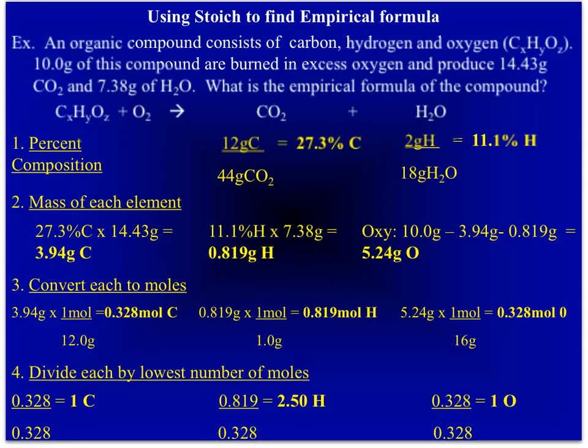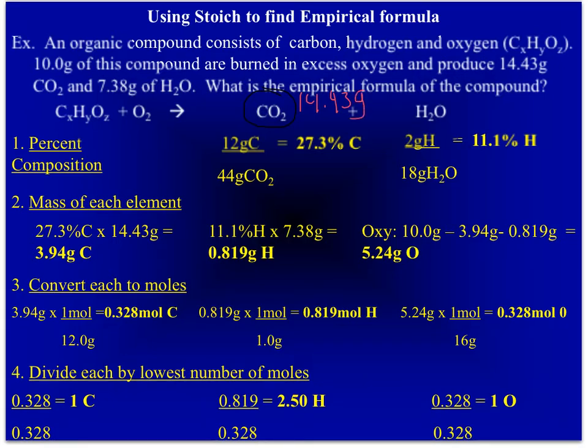Here's a little trick. We're going to do grams of carbon first. We know that we produce 14.43 grams of carbon dioxide. What we need to know is how much of that 14.43 grams is just carbon.